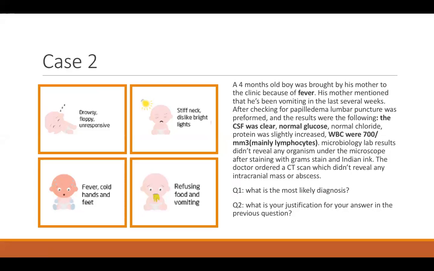Protein was slightly increased. WBCs were 700, mainly lymphocytes. Microbiology lab results didn't reveal any organism under the microscope after staining with gram stain and India ink. The doctor ordered the CT scan, which didn't reveal any intracranial mass or abscess. What is the most likely diagnosis?